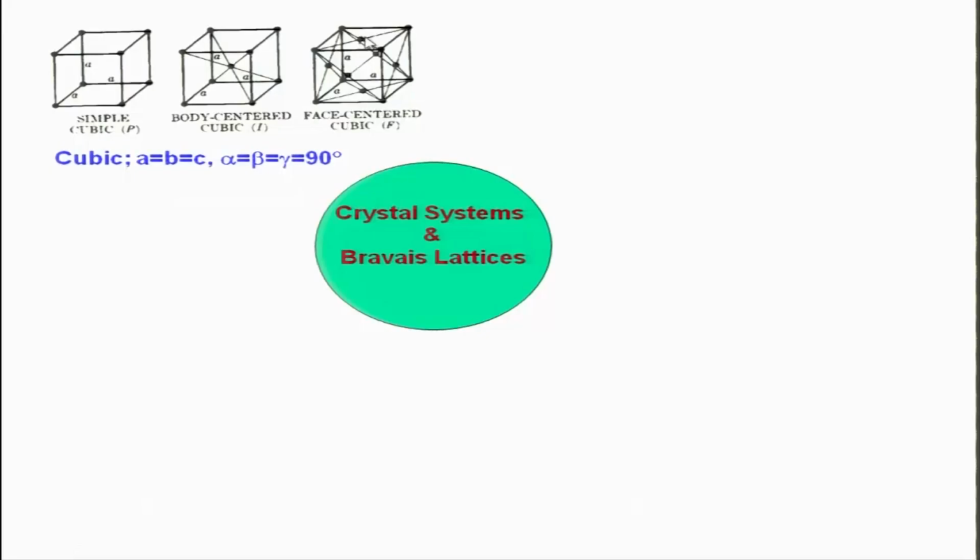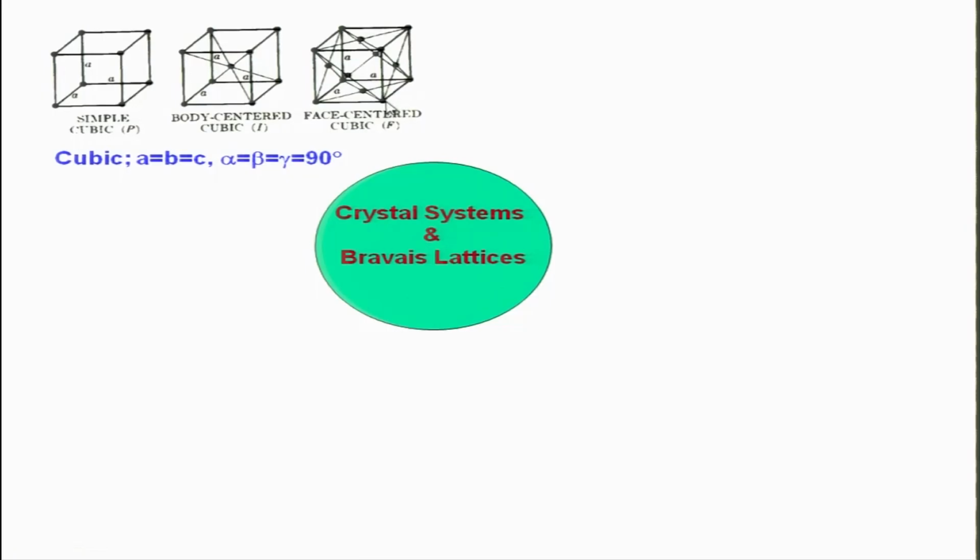Third possible variation in cubic system is face centered cubic lattice, where you have points at the center of each of the faces. So, you have 6 faces in a cube, all the 6 faces will have lattice points at the center of these faces, along with corners being occupied. So, total number of lattice points in this system now becomes 4 because you have 8 at the corners which are shared by 8 unit cells.